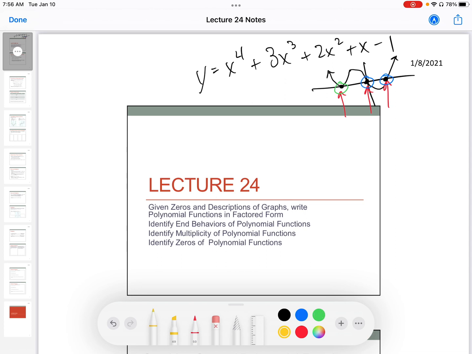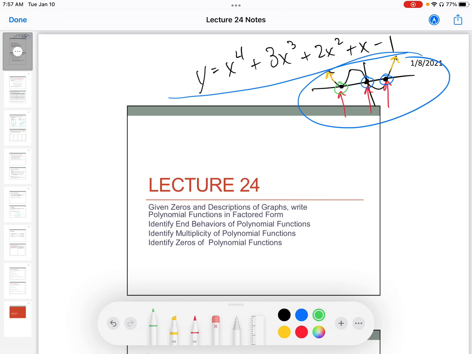And then the last thing you're going to know is that my finishing behavior is going to be up on both sides of this function. So basically you're going to be able to look at a function like this, and you're not going to be able to draw it exactly accurate, but you're going to be able to make a sketch of what that function should look like. Okay, so that's our goal that we're going to start with.